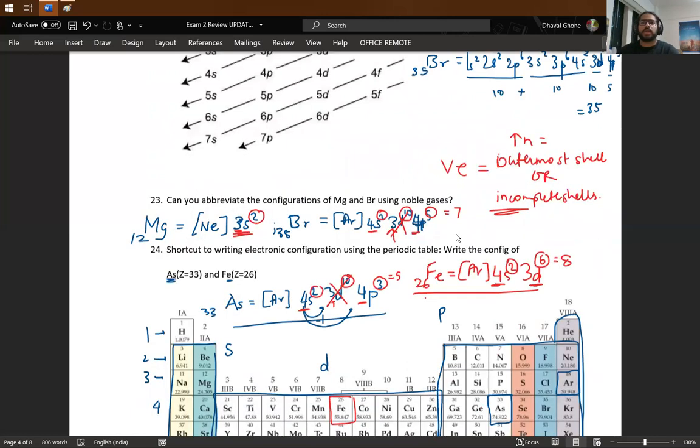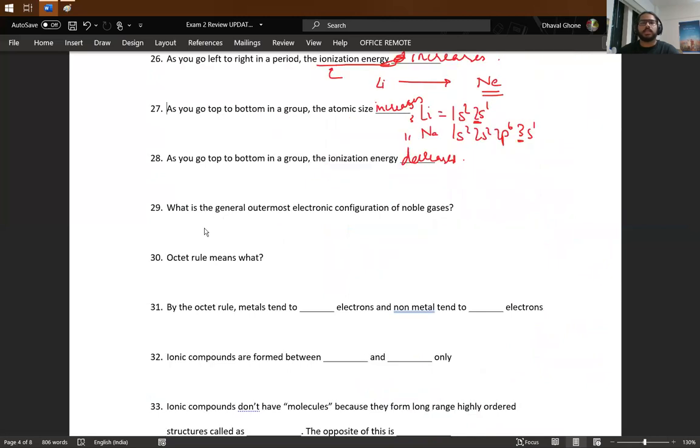The general trend is that the configuration ends with ns2, np6. Every atom wants to look like this because this is the most stable configuration.